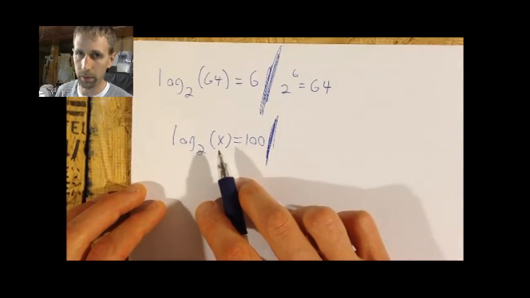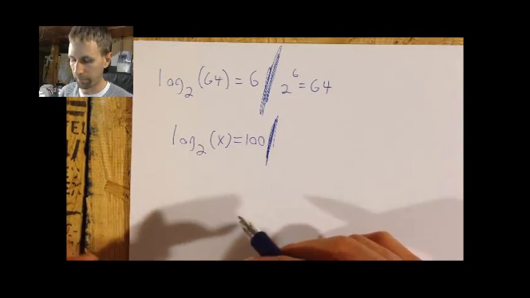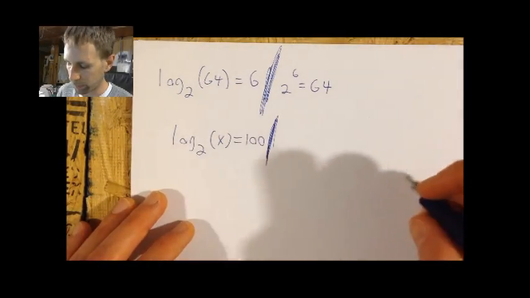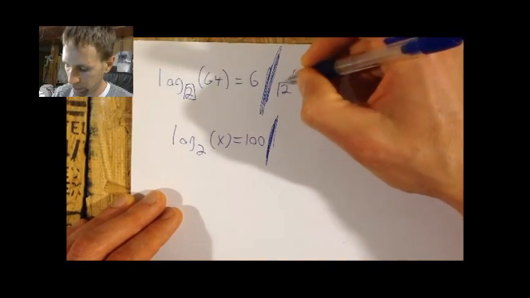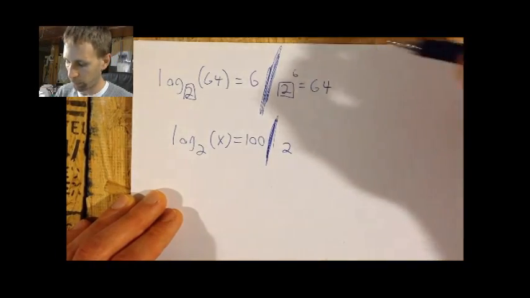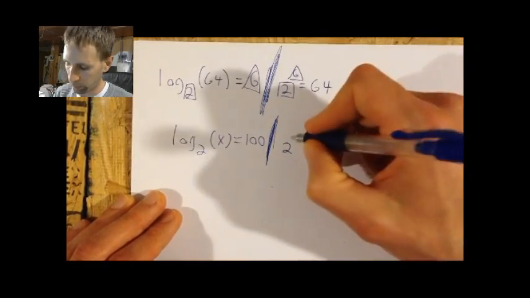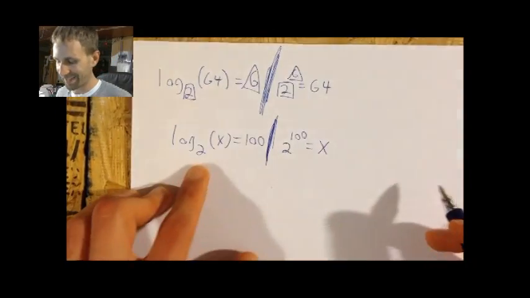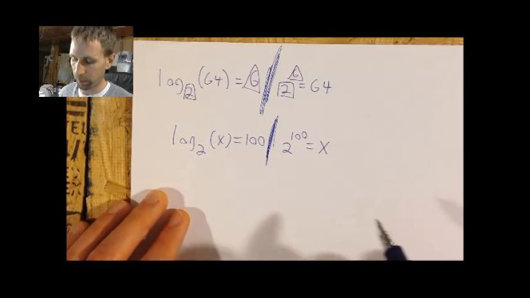You could rewrite this log expression in its equivalent exponential form, which means if you look, this is the base, so this is equivalent to 2 to the power of, the exponent is what's on the other side, 2 to the 100 equals x. So in this case, x is 2 to the 100 power. Okay, that's how you would isolate x.